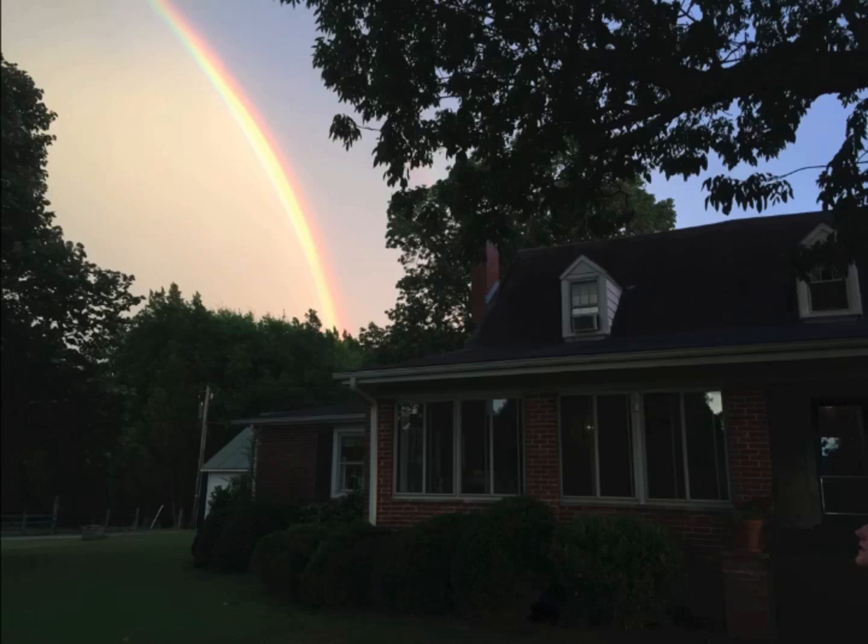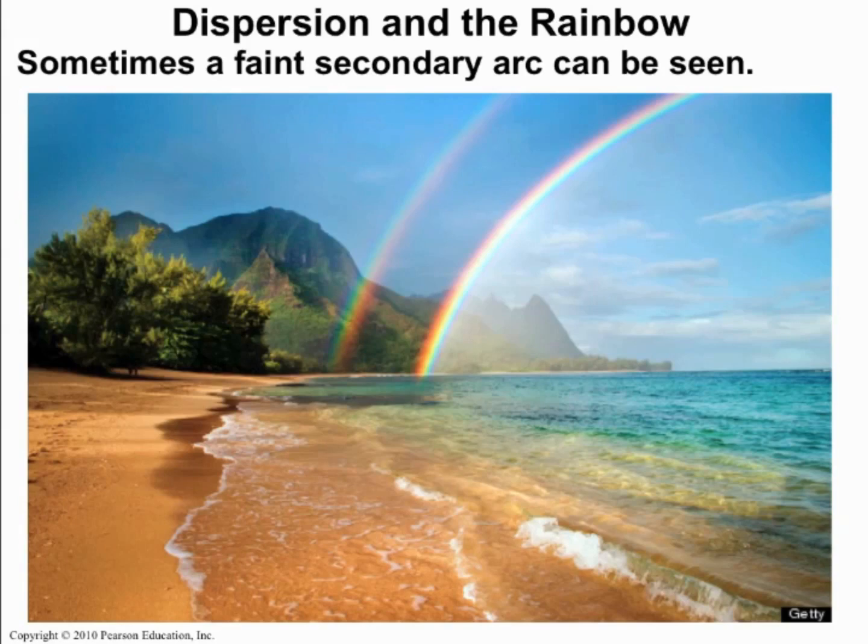This is also why a rainbow can move with you as you walk, because your angles are changing, and the different droplets that have the correct angles to your line of sight are changing.